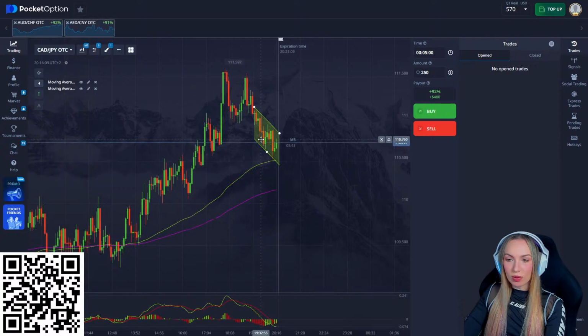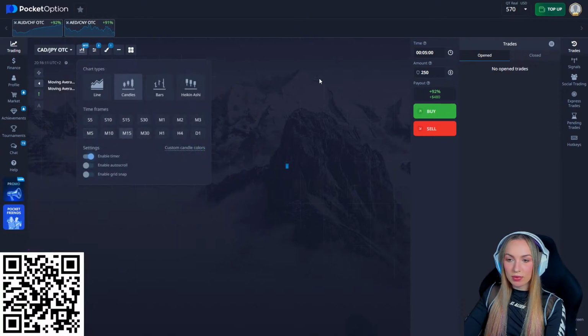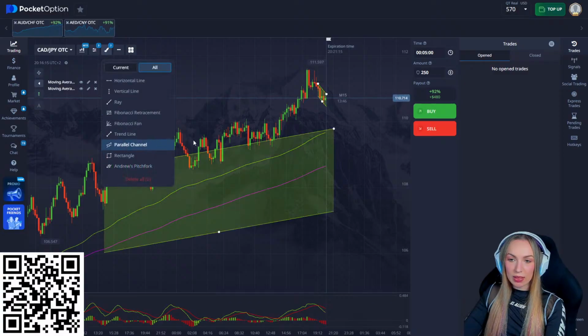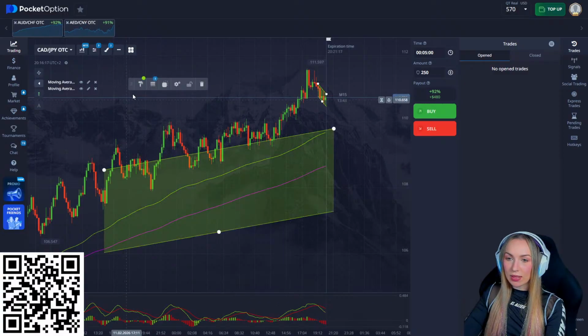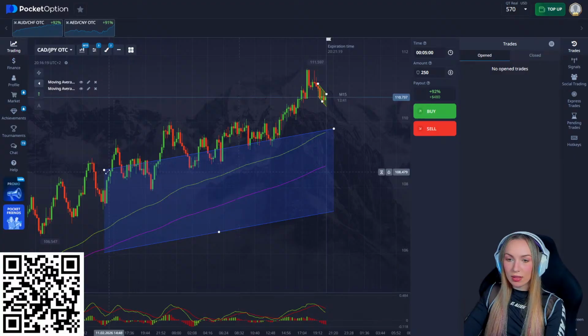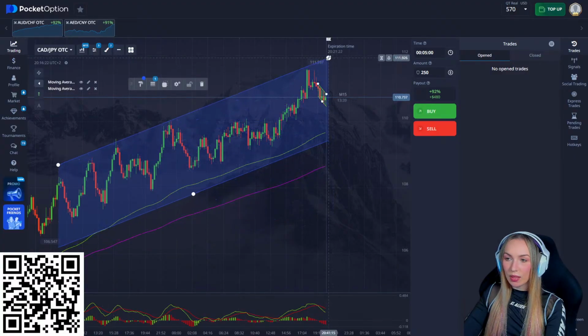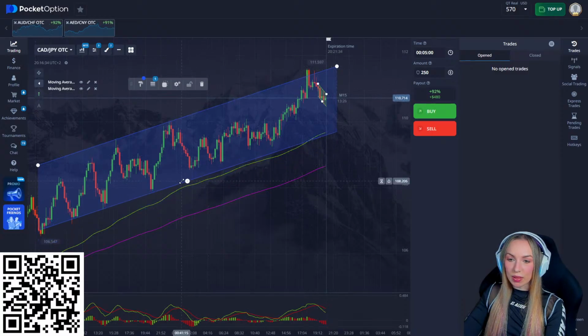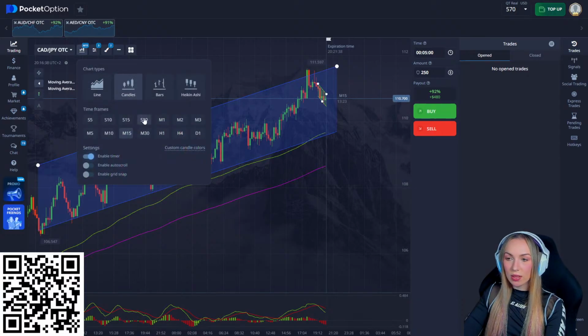But on 15 minutes we can definitely see that there is another channel. Let's make it blue, I think it's not that bright as green. We can see that in general the price goes up here, but it doesn't mean that we can't open trades in the downward direction.